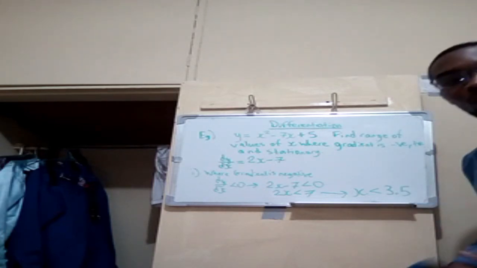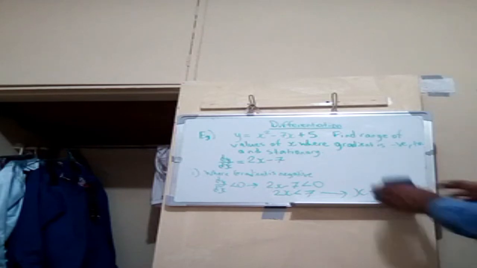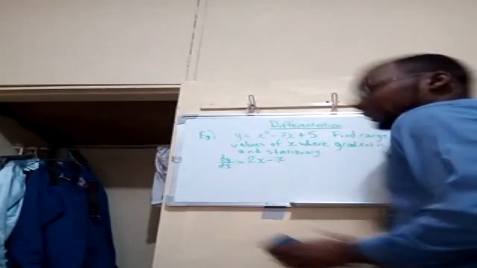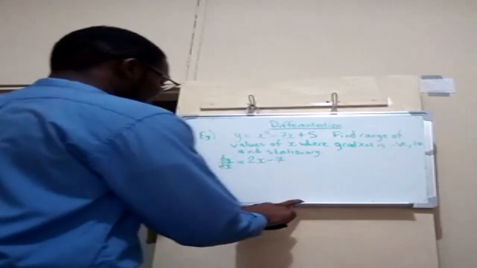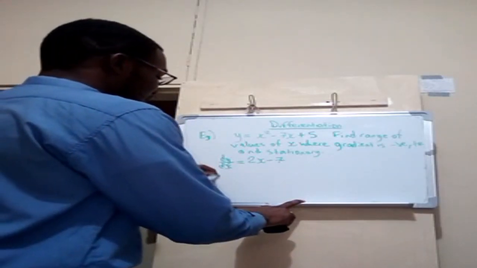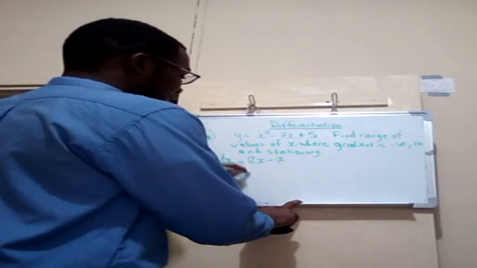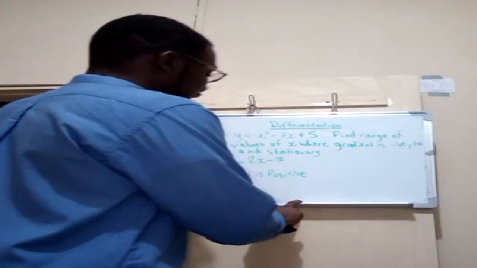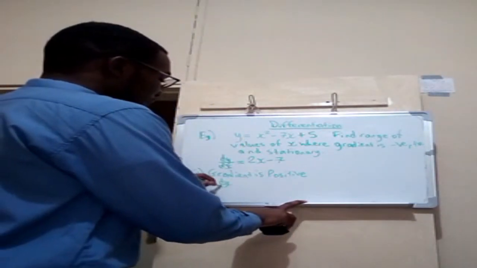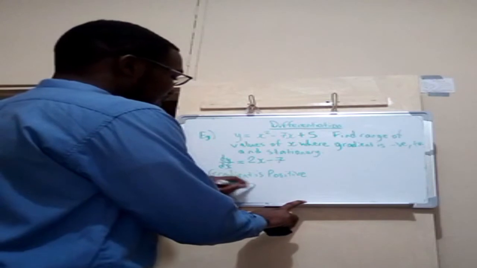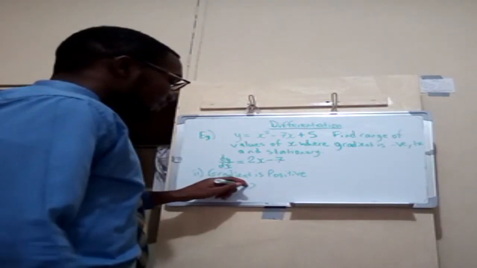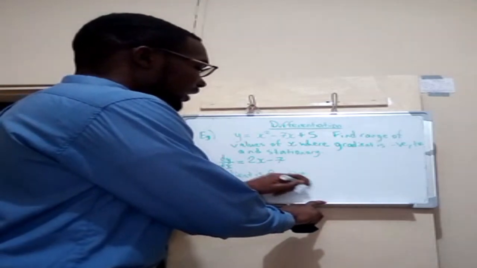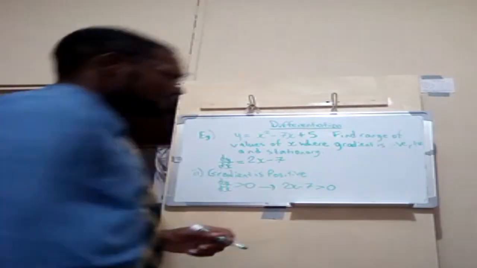Now let's find where the gradient is positive. The gradient is positive when dy by dx is greater than 0, which implies that we're solving when 2x minus 7 is greater than 0.